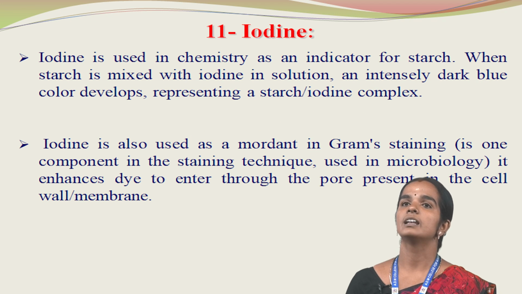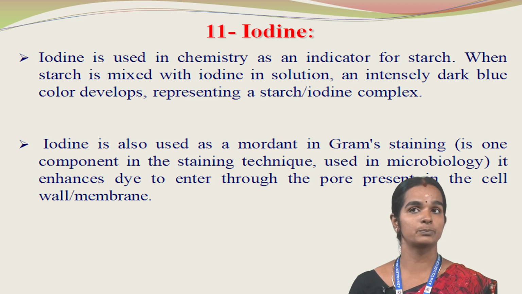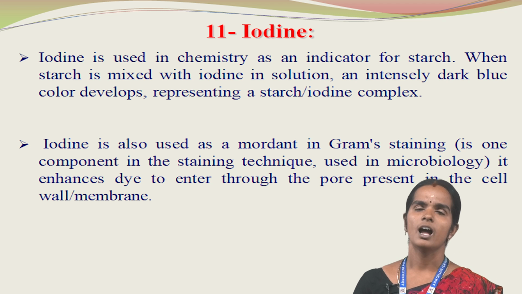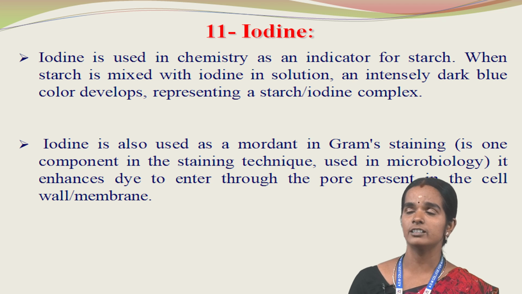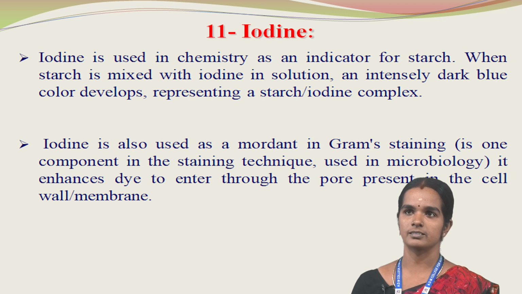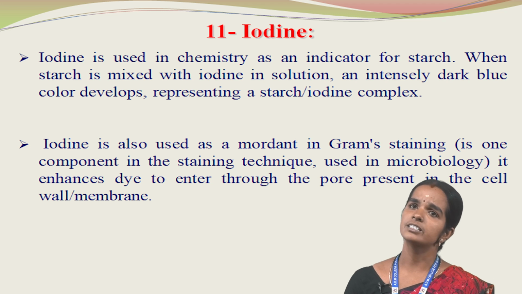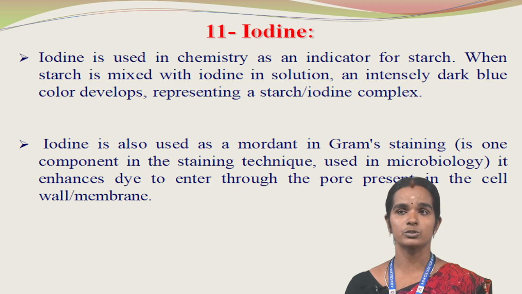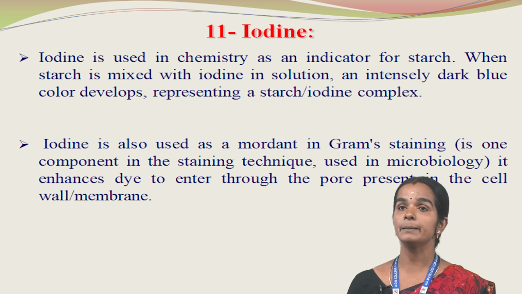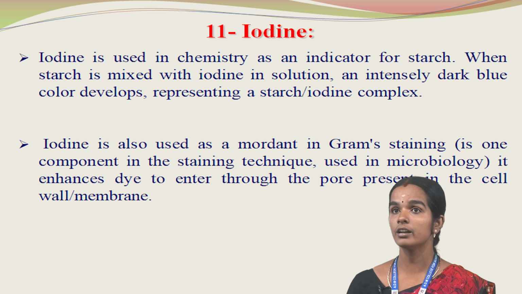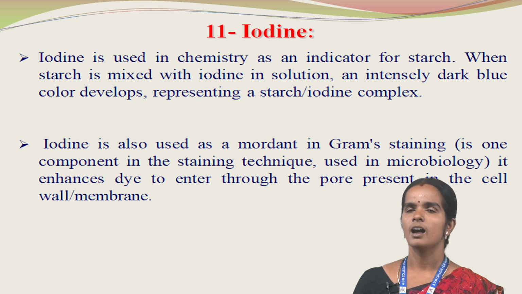This is the eleventh type of stain technique, iodine. Iodine is used in chemistry as an indicator for starch. When starch is mixed with iodine in solution, an intensely dark blue color develops, representing the starch-iodine complex.